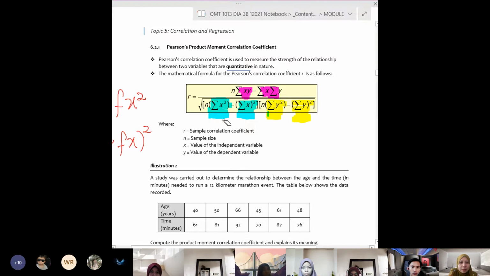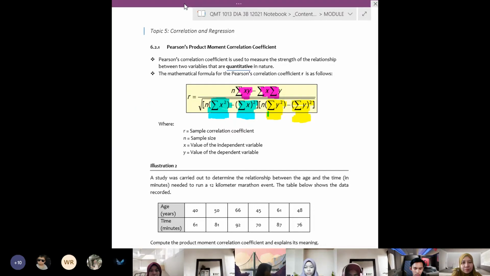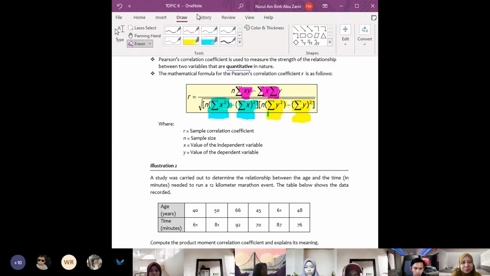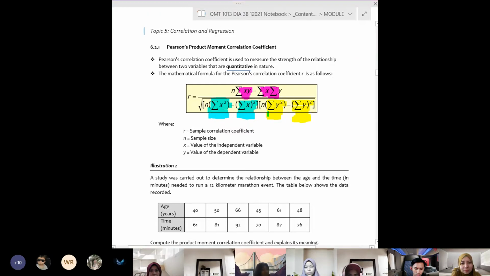If I ask what is the difference between the first one here and the second one here, the square inside the bracket and the square outside the bracket, what is the difference between them? Anyone? Is there any difference between this and this?